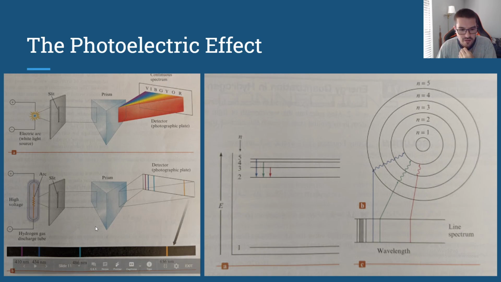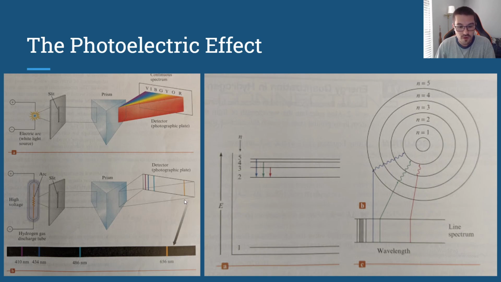This is the line spectra of hydrogen. Remember that when an atom of hydrogen is exposed to energy, it produces only these certain colors of light. And Bohr interpreted that as meaning that atoms must have specific energy levels, and the electron specifically must exist in these specific energy levels.